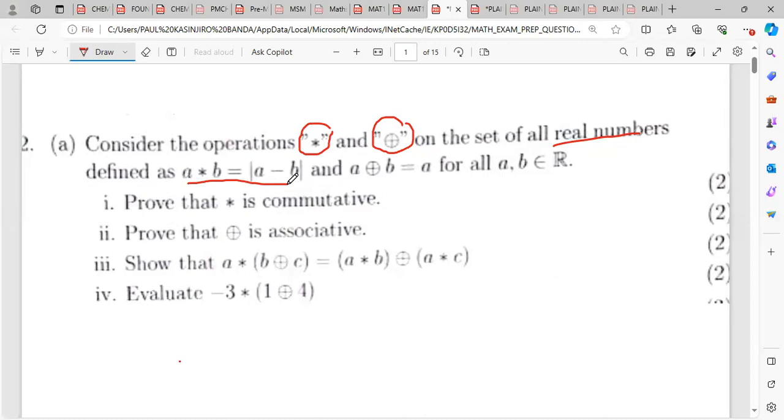The first question is saying prove that star is commutative.